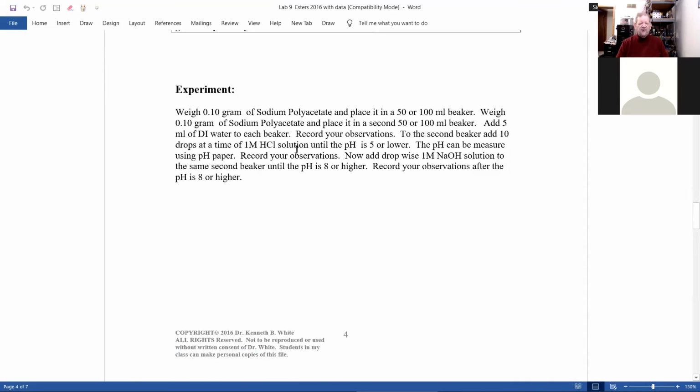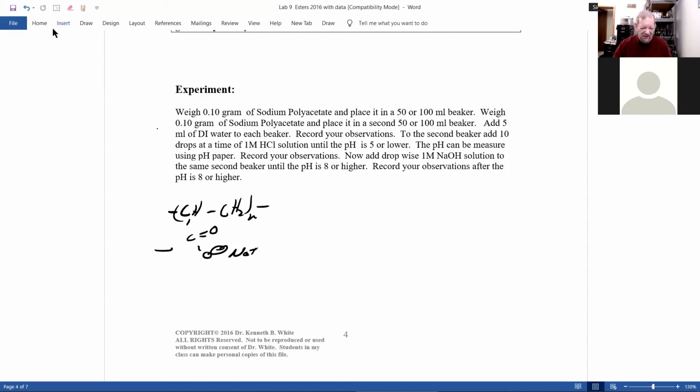Now, what you're going to do is take the sodium polyacrylate, and that has this structure, where n is on the order of about 1 million.